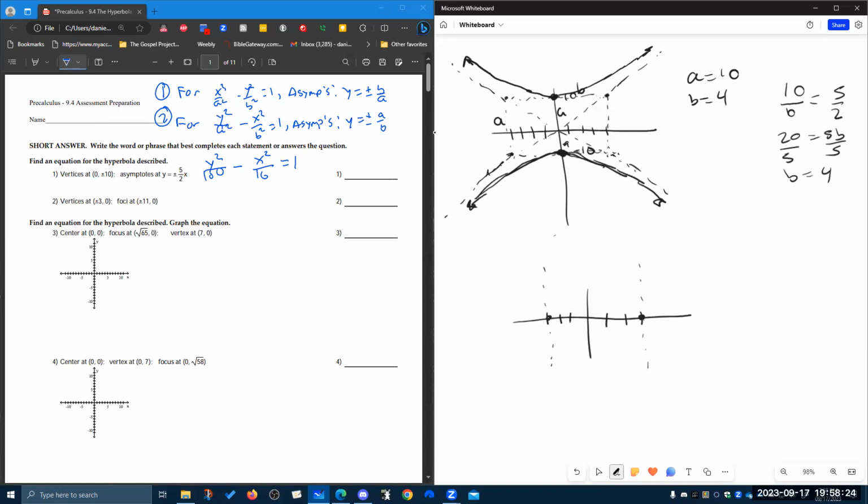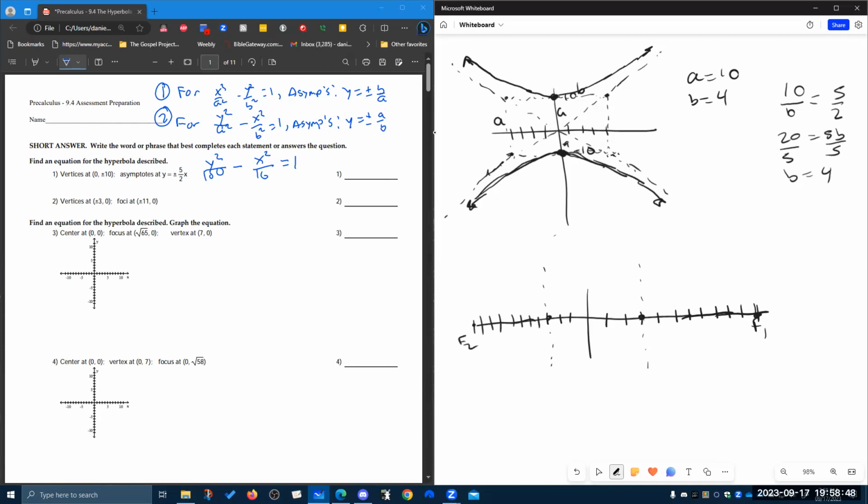We haven't talked about foci yet. 4, 5, 6, 7, 8, 9, 10, 11. This is F1 and F2.